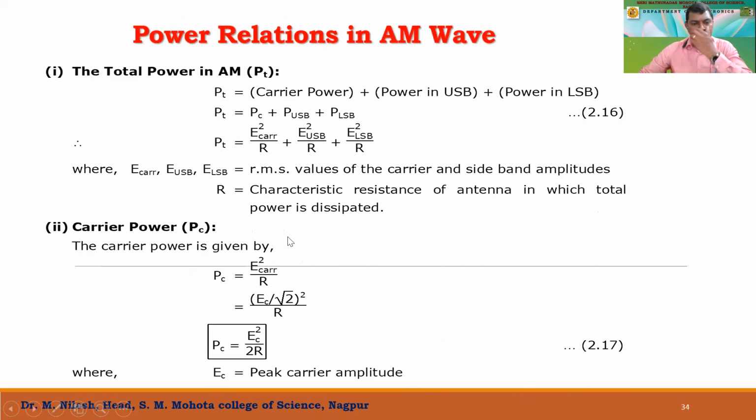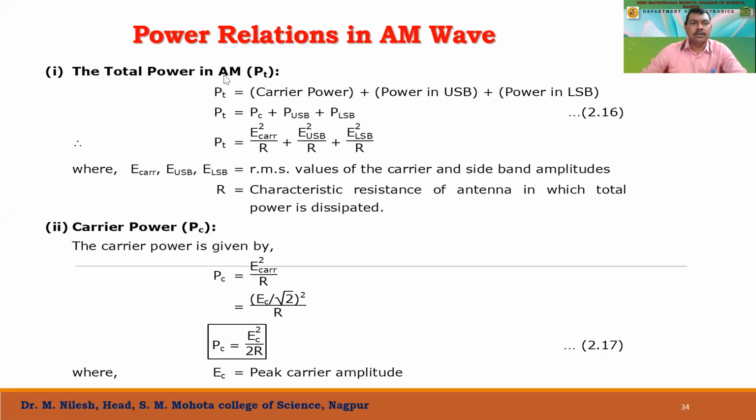The power relation. So what is power? I told you in semester 1 itself: power is nothing but the product of voltage and current. Here also we require power because we need to transmit this AM wave through an antenna. If it has the highest power, then only is it possible for the antenna to carry this to a larger distance, right?